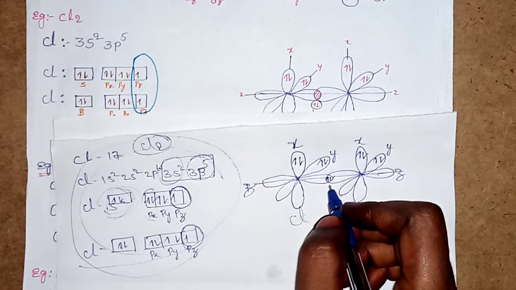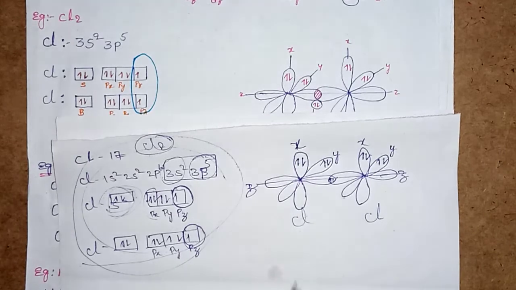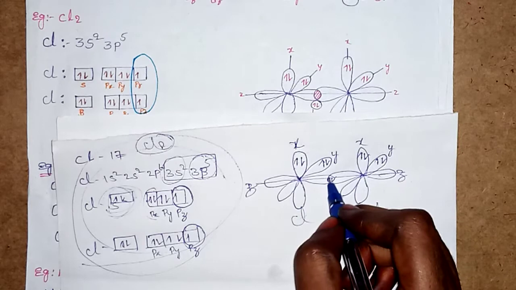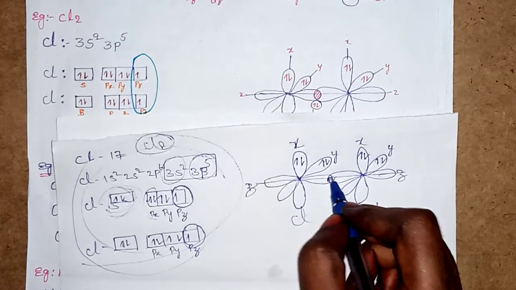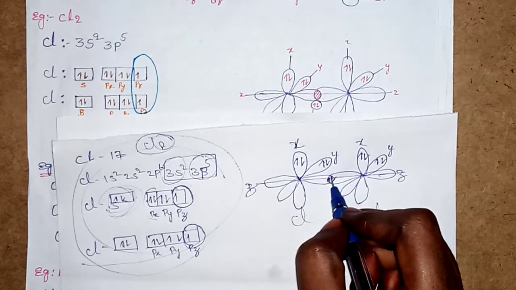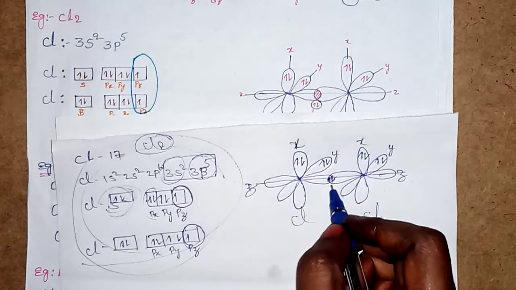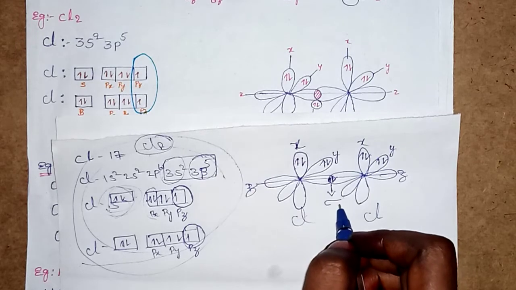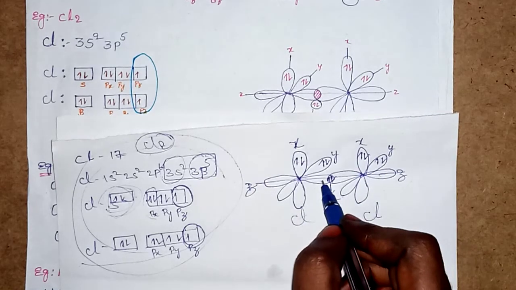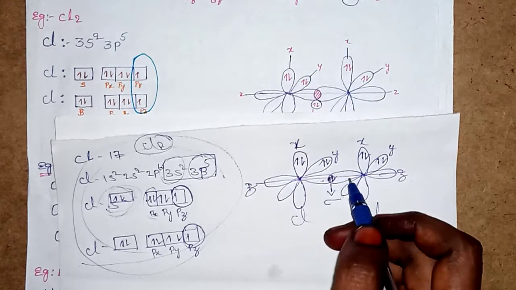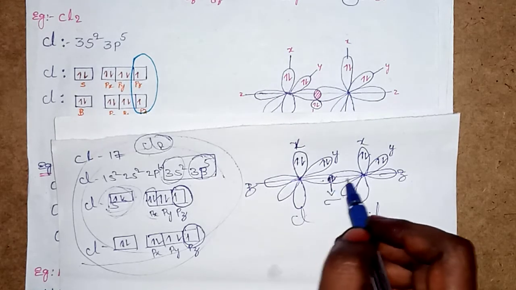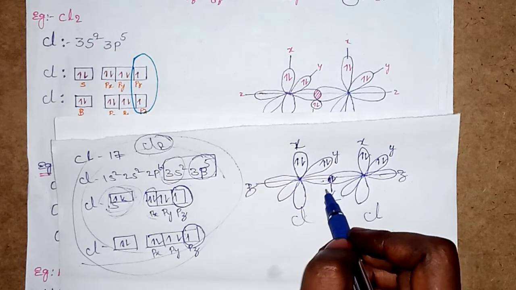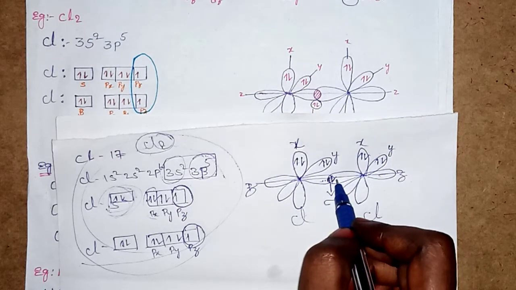These electrons take part in bond formation. 1 electron will be shared with this orbital, and here also 1 electron. This type of bond we call a sigma bond. This p orbital will try to complete its orbital by bond formation. Here 1 electron and here 1 electron will be shared.